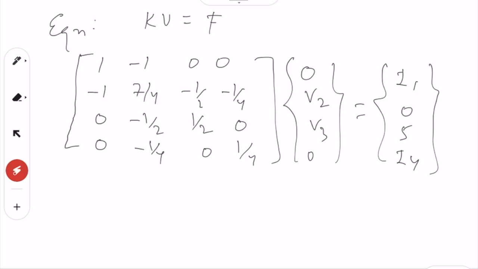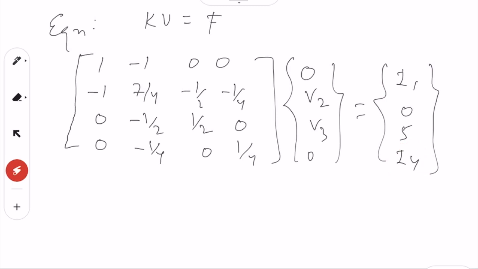Here, 0 will multiply with this column, so this cancels out, this cancels out. Second, we have I1 here and I4 here.